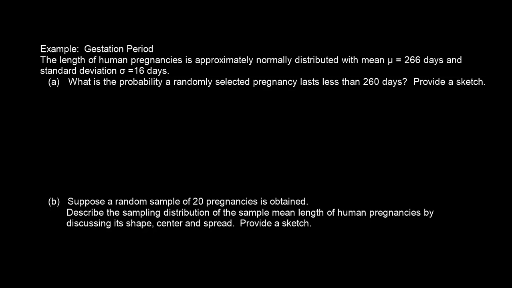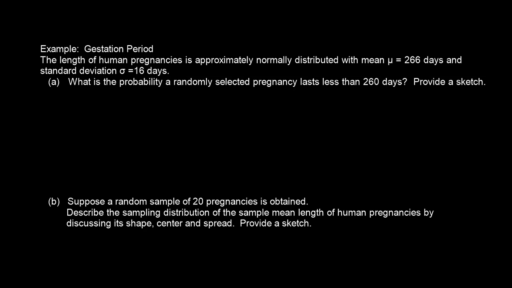We're going to look at an example here to put into play all those formulas associated with the sampling distribution of the sample mean. So we will find probability associated in part A with an individual, and then in the subsequent parts we're going to talk about probabilities associated with a sample, and this is part B, says sample size 20.